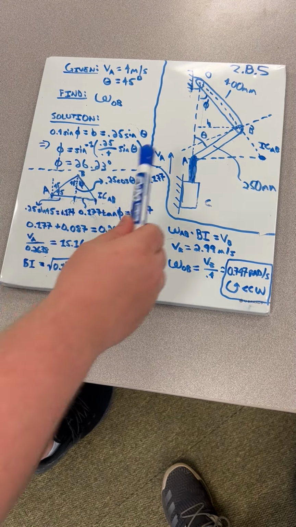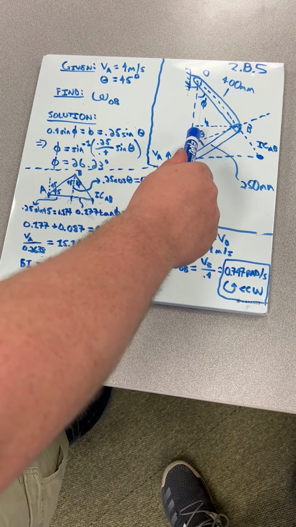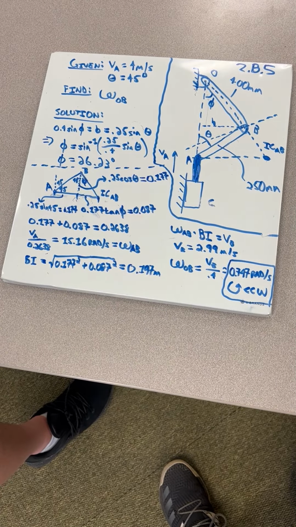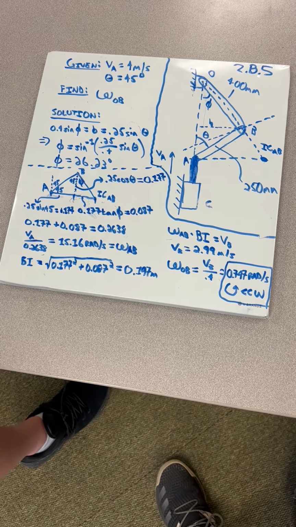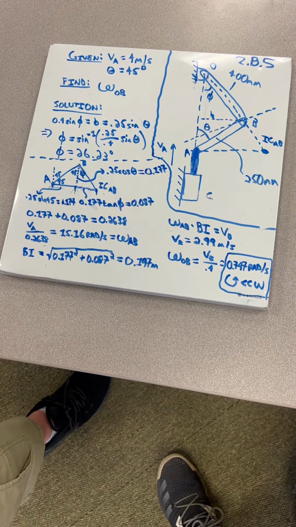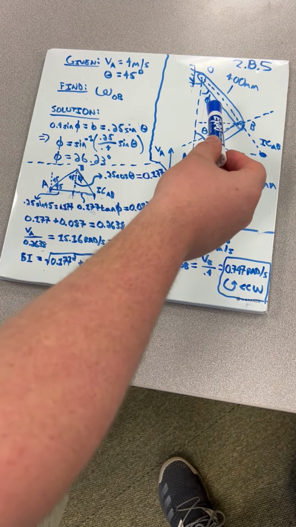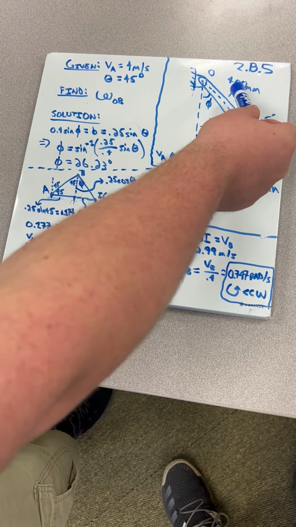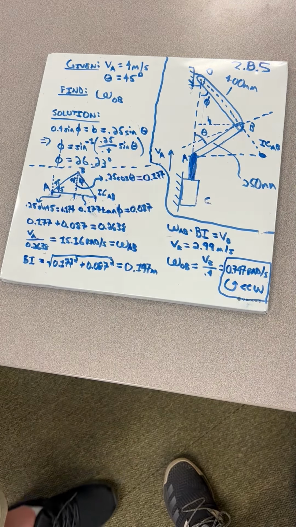We can find the length of this segment by taking the sine of theta times the length of this arm. The length of this arm is 250 millimeters or 0.25 meters. We multiply it by the sine of that angle, which we know to be 45 degrees, and we get a length, which we then use. We take the inverse sine of this length over this length to find our phi angle, which is 26.63 degrees.